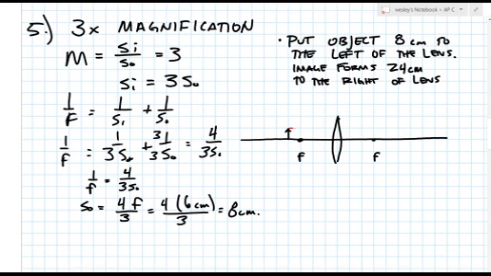Our rays would look like in parallel, out through the focus, in through the focus, out parallel, and it's very close to what we need. I obviously had a problem drawing. No, you know what? Let's make it right. There we go. It's 3 times bigger, and it's real. Okay.